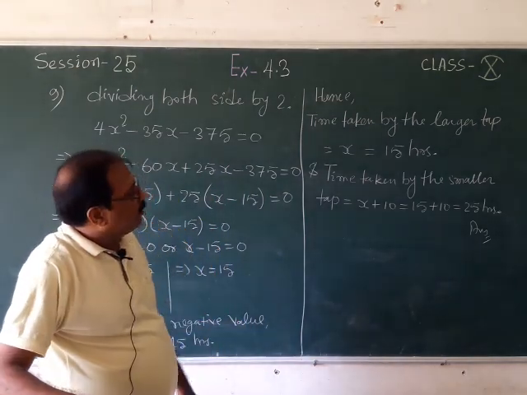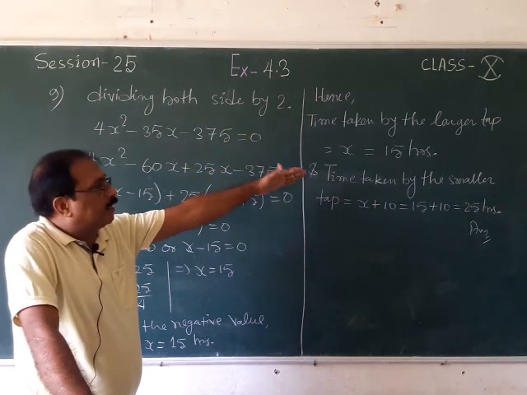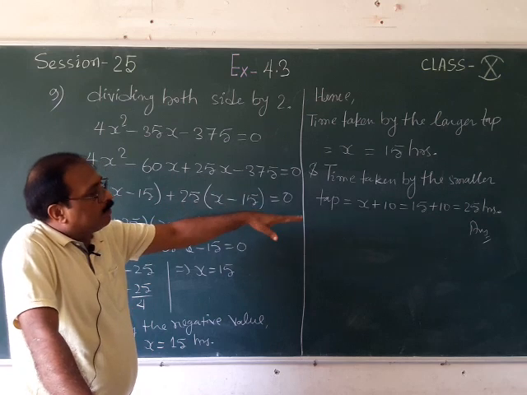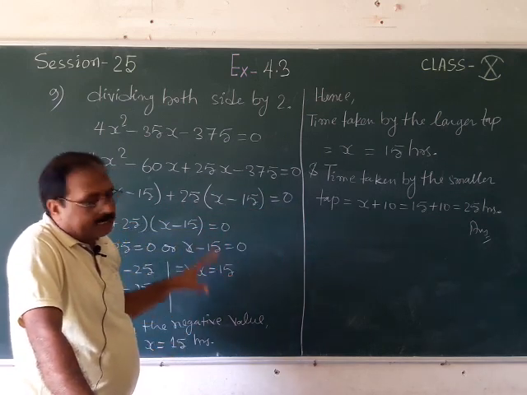So here you have seen that time taken by the larger tap is 15 hours and time taken by the smaller tap is 15 plus 10, that is 25 hours.